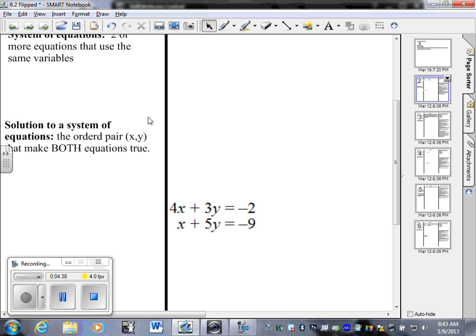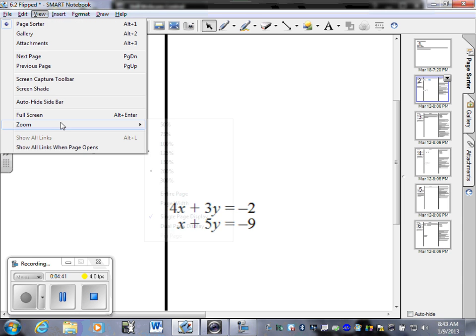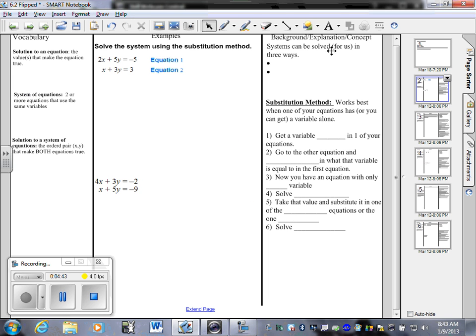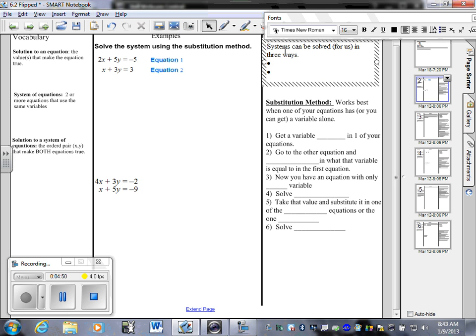Now, before we start on a specific example, we also want to go over, in the background, the overall concept that systems can be solved in three ways. Again, you need to be writing this on your note sheets. The first method was graphing, which we covered last time.